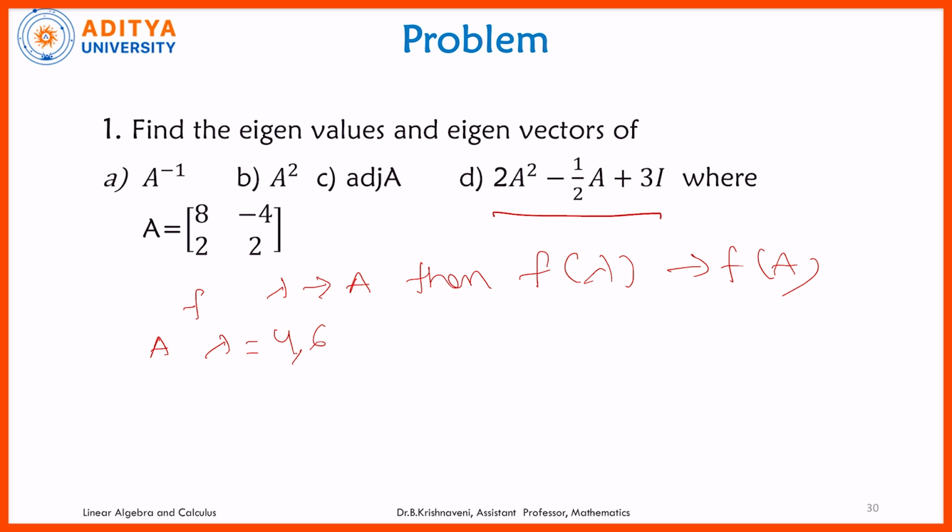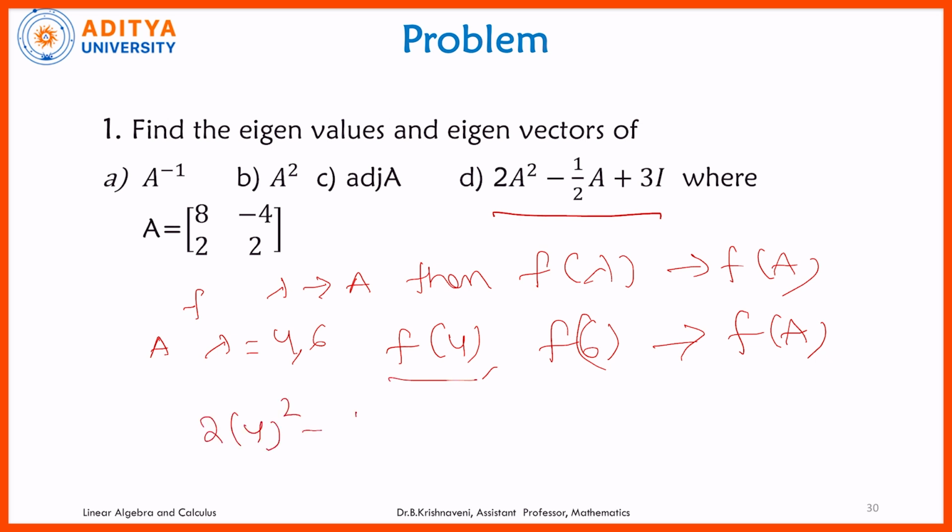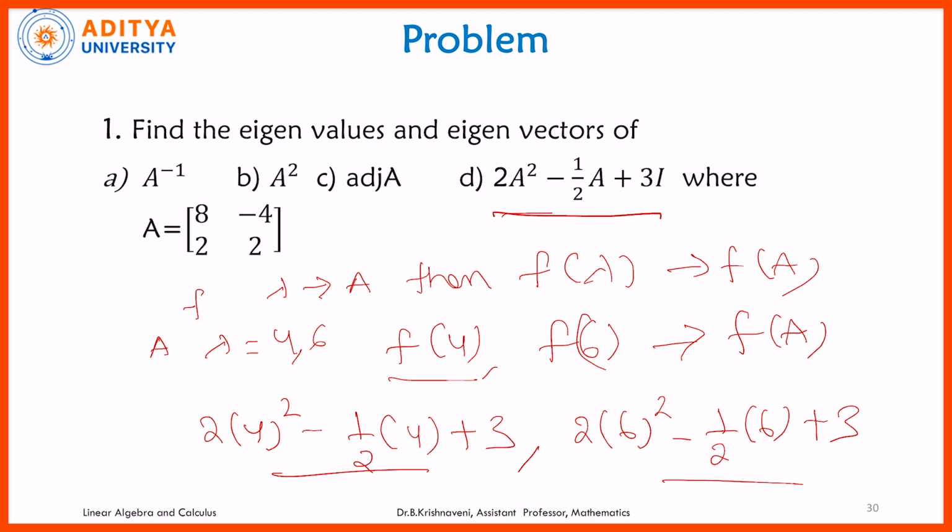Now make use of this. f of 4 and f of 6 represent the eigenvalues of f of A. That is, f of 4, 2 into 4 square minus 1 by 2 into 4 plus 3, is one eigenvalue. 2 into 6 square minus 1 by 2 into 6 plus 3 is the second eigenvalue for this question. So by using these properties, it is very easy to find the eigenvalues corresponding to any of these matrices.